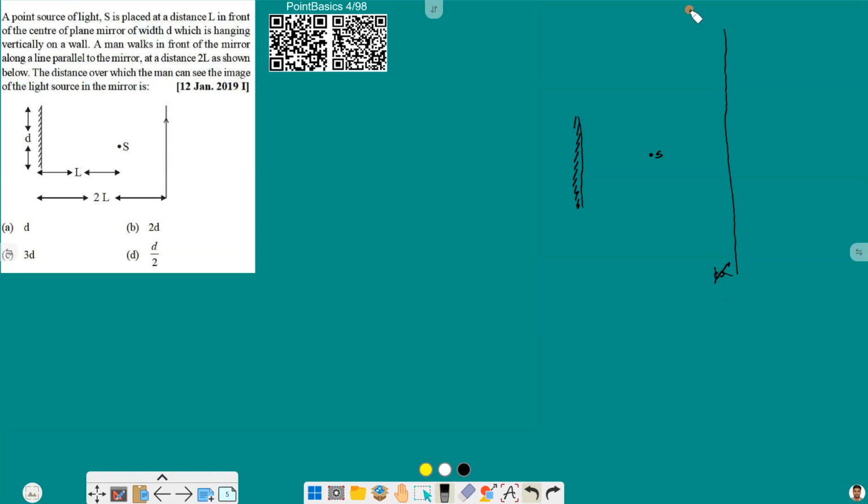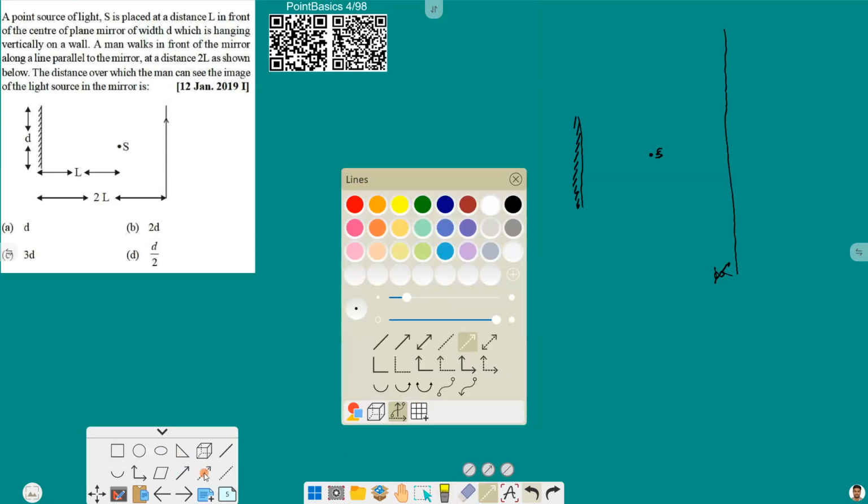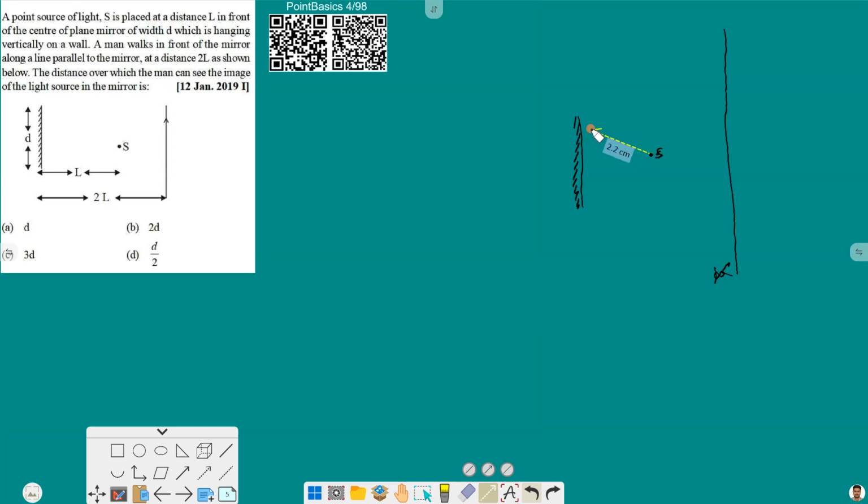Here the person is walking. We know from the law of reflection that suppose a light beam is going like this, then it will get reflected and after reflection it will go like this, and similarly from the lower half of the mirror, after reflection it will go like this.